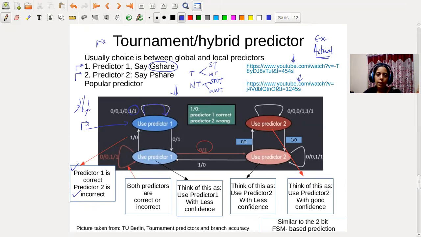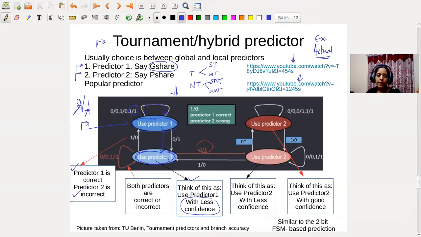If it is, let's say, 0/1, for example, then it means the predictor 1 which we used was incorrect and predictor 2 was correct. So then what we do is we change our state. This is still going to be using predictor 1, but we can think of this as use it with less confidence. Just like the way we did strongly taken and weakly taken, this first one can be thought of as use it with a higher confidence, and the second state is use it with a lesser confidence.